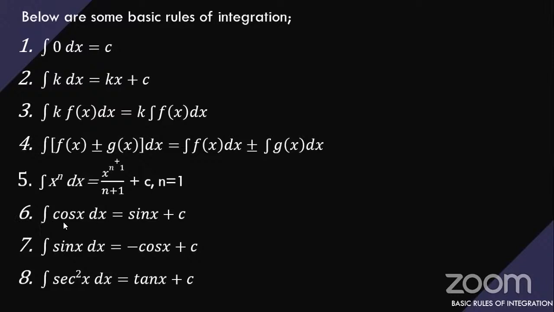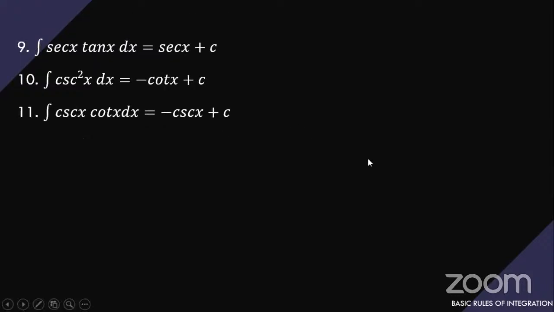When we also integrate cos x dx, what we are going to get is sin x plus c. When we integrate sin x dx, what we are going to get is minus cos x plus c. And when we integrate sec squared x dx, what we are going to get is tan x plus c, which is a constant. And when we integrate sec x tan x dx, what we are going to get is sec x plus c.